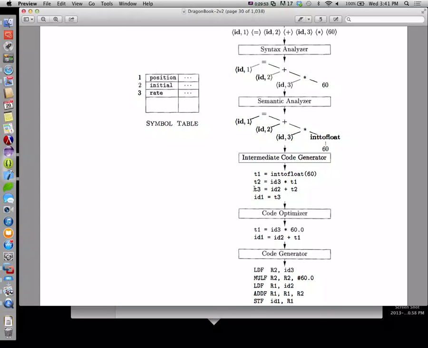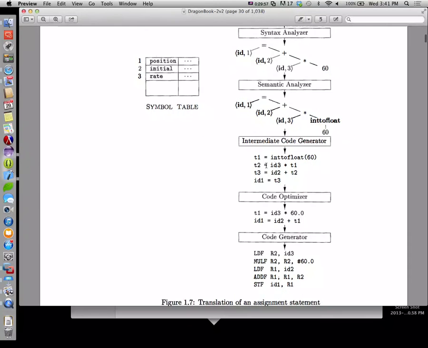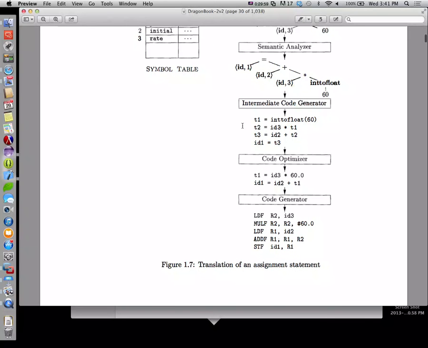So if we follow these steps, we can get a correct answer. Then we go through a code optimizer. Technically, this is correct code, but what can we do? Well, we can say T1 is equal to ID3 times 60.0.